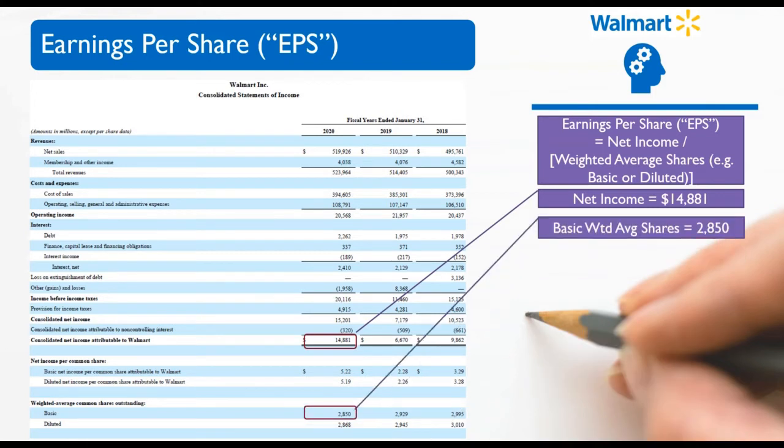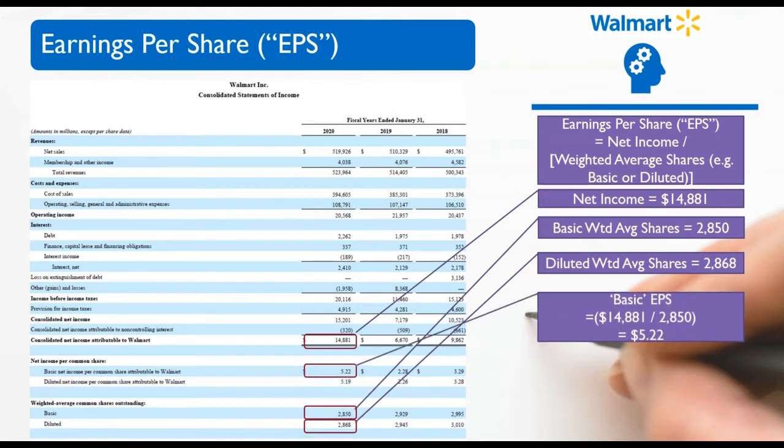And then at the bottom of this page, we'll see that Walmart had 2.8 billion basic weighted average shares and almost 2.9 billion of diluted weighted average shares.